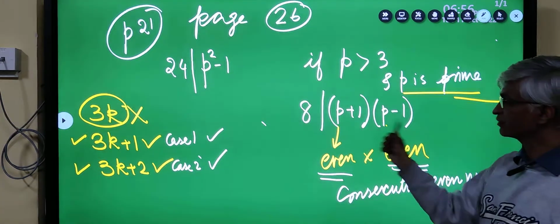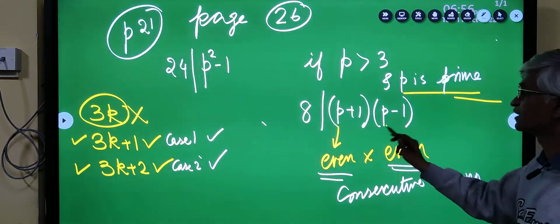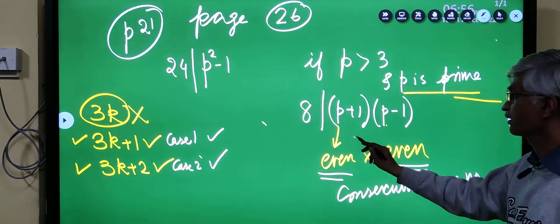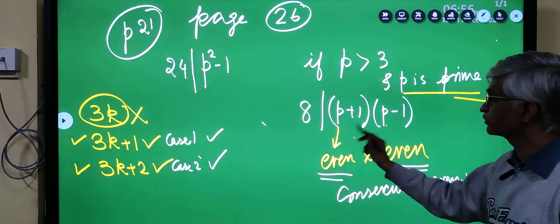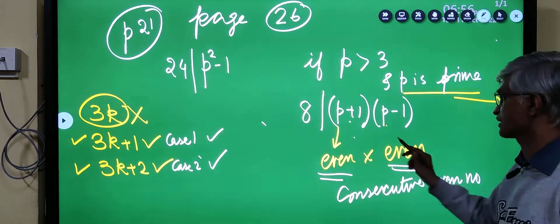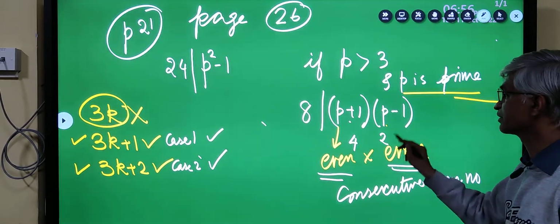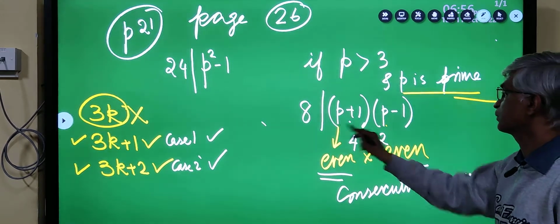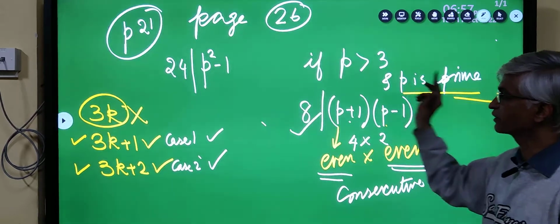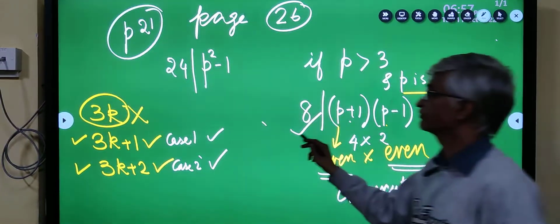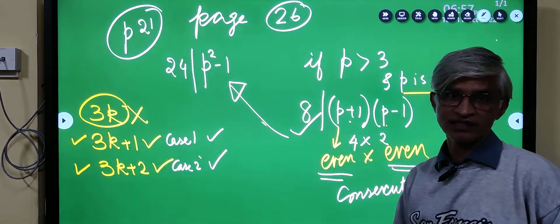Now, if two even numbers are consecutive, one of them is definitely going to be divisible by 4. Both are divisible by 2, but one of them is going to be divisible by 4, either this or this. So, if one of them is divisible by 4 and the other number is divisible by 2, then the whole number is divisible by 4 into 2, which is 8. And that takes care of this part of the problem, and we have finished solving this problem by case analysis.